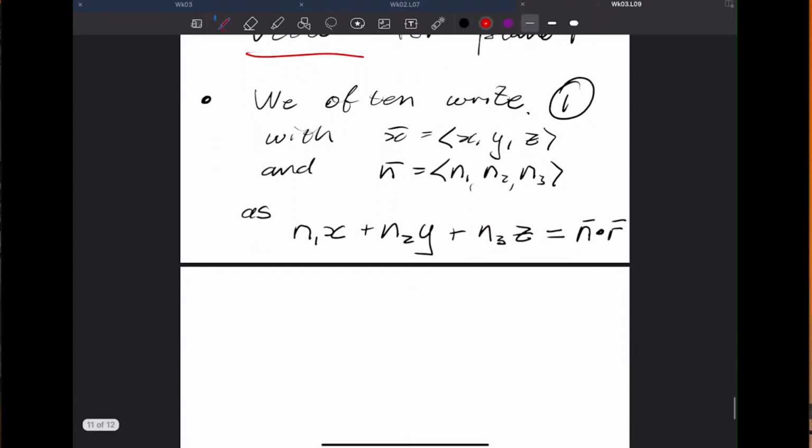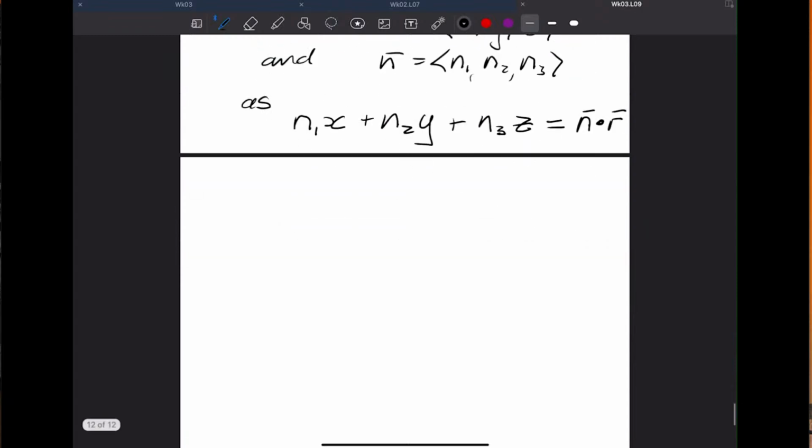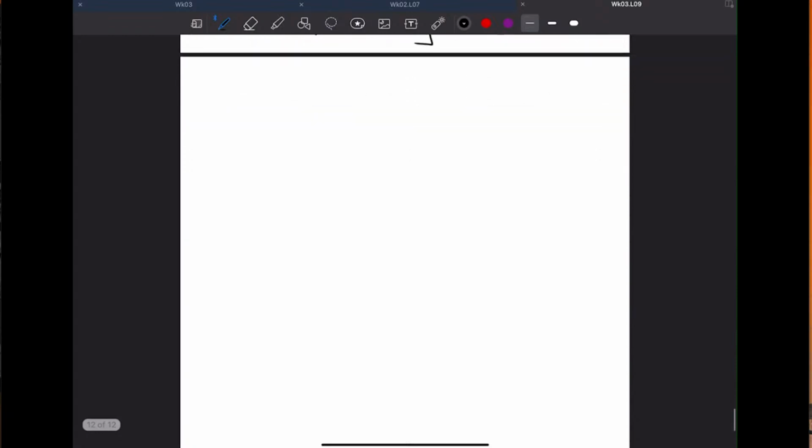Okay. So before we continue, let's just think a little bit about the intuition. What is going on here? So let's think about the intuition. So let's take, for example, a vector n which has coordinates 1, 1, 1.